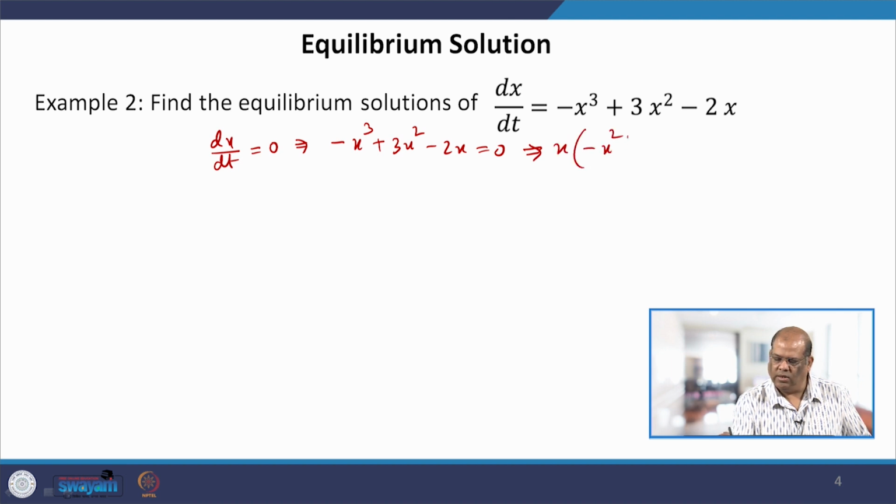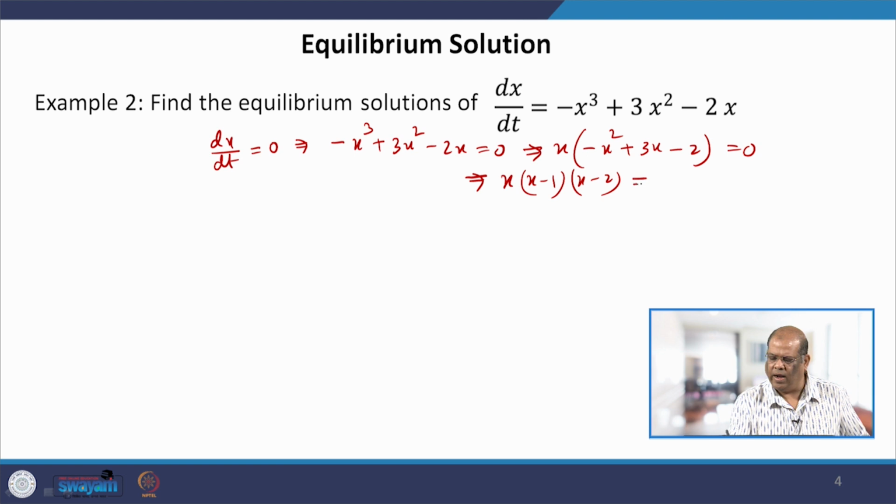So, minus x² plus 3x minus 2 equal to 0, and if you factorize them, it is x minus 1 into x minus 2 with a negative sign which you can take to the right hand side and it becomes 0. So, you have your equilibrium solutions to be 0, 1 and 2.